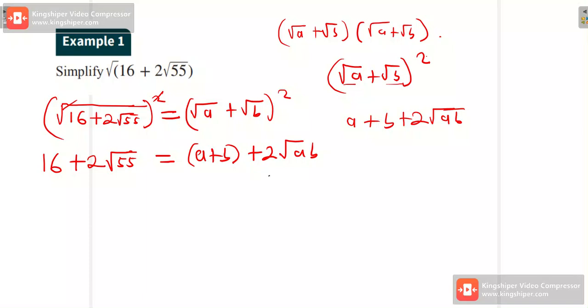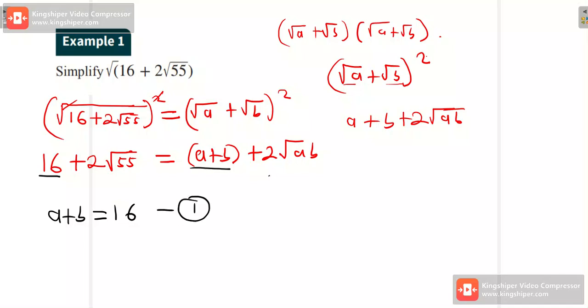So let us compare the rationals and the radicals. So the rational part from this side is 16, and here the rational part is a plus b. Therefore, for it to be the same, a plus b has to be equal to 16, and I'm going to call this one equation 1.